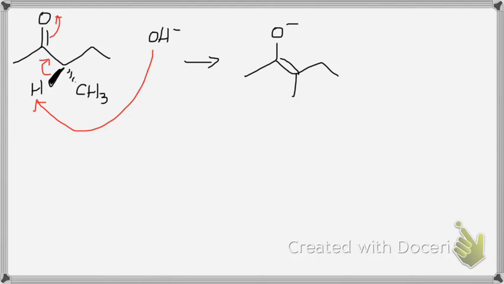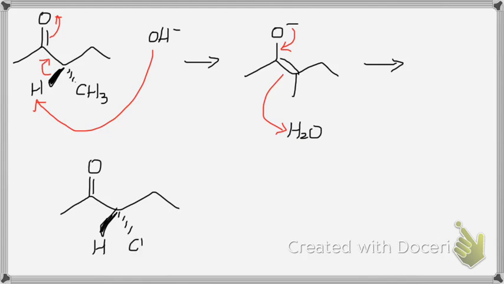And when the enolate goes back to give the keto form, the proton can be added either from the top or from the bottom, giving a pair of enantiomers. So this is the mechanism under basic condition for racemization.